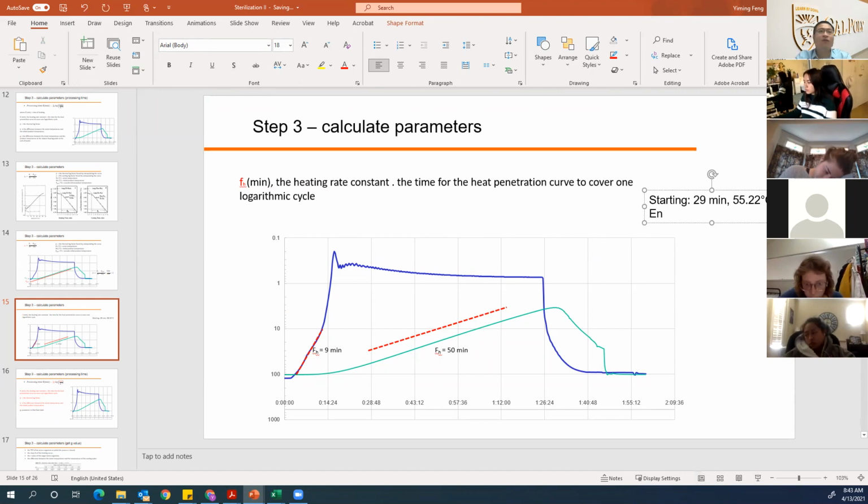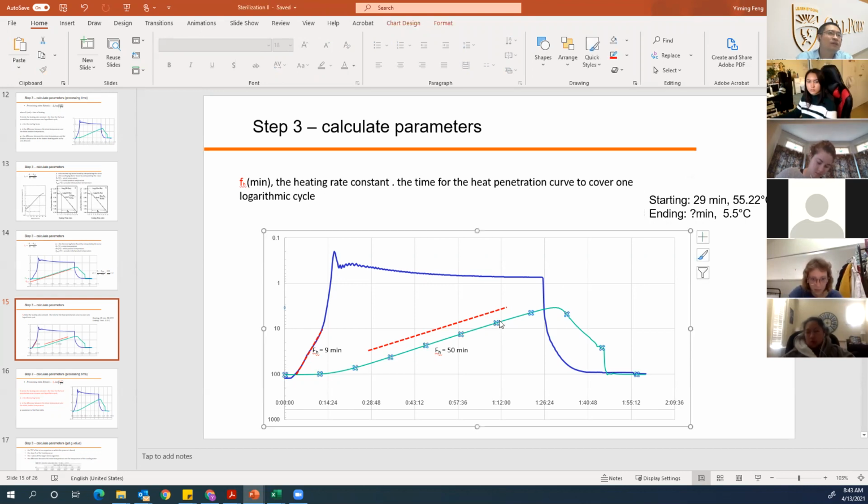For our ending temperature, we don't know at what time, but we know we're looking for somewhere close to 5.5 degrees C, because that's the one log reduction, right? From this curve, we need to find the time when the temperature reached 5.5. Basically you can move your mouse here and see.